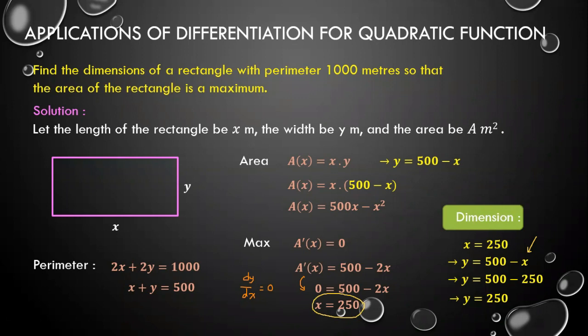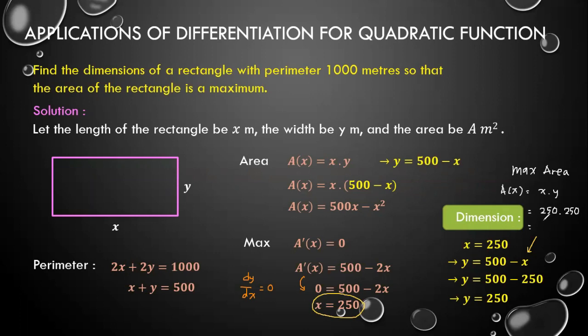Students, what about the question? Can you find the maximum area? Of course. So the maximum area A in x is x times y. x is 250 meters and y is 250 meters as well.